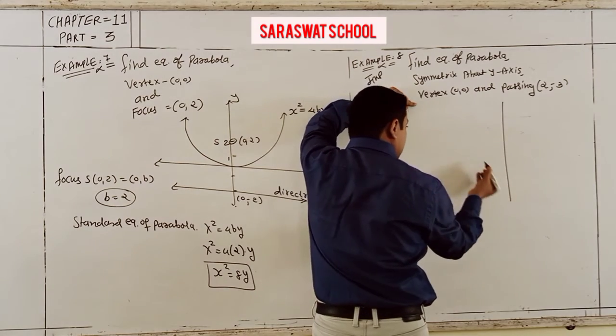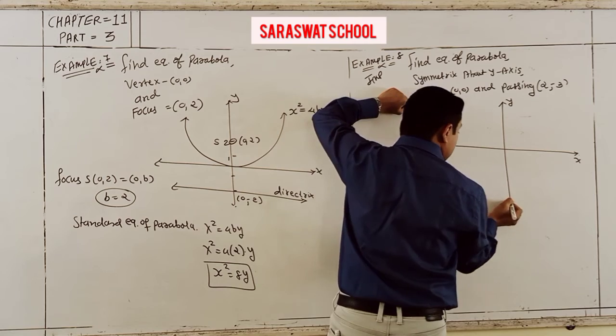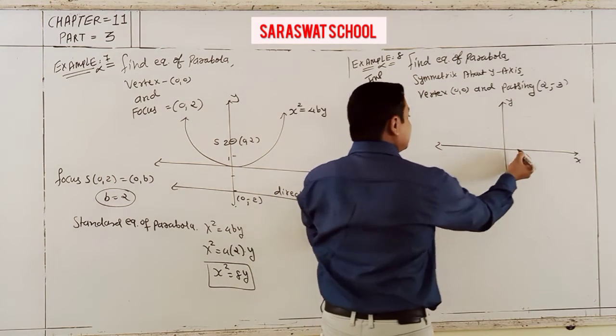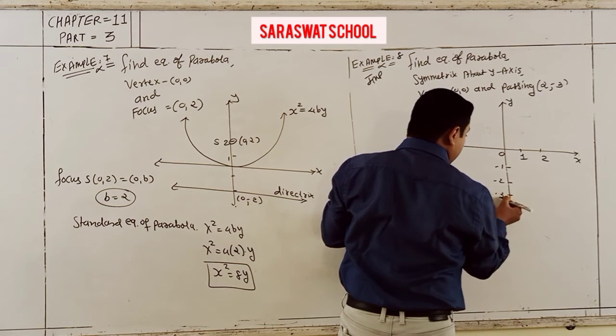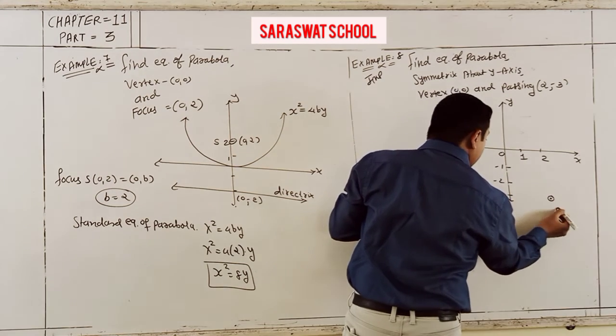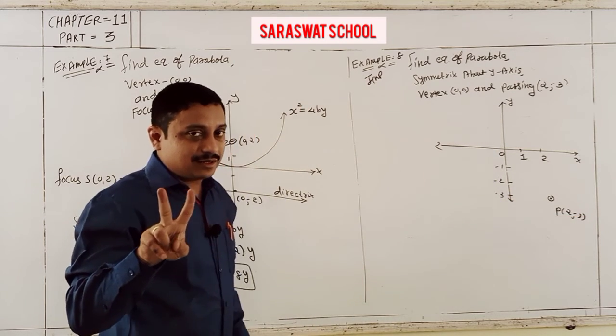Students, I first plot our passing-through point. You can easily judge 2, minus 3 means here exactly 1, 2, minus 1, minus 2, minus 3. You are here passing through 2, minus 3. Now here two cases are available.